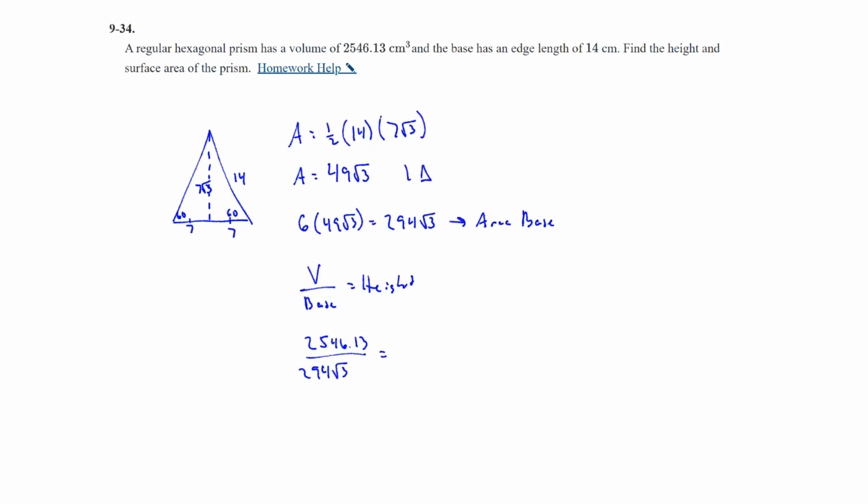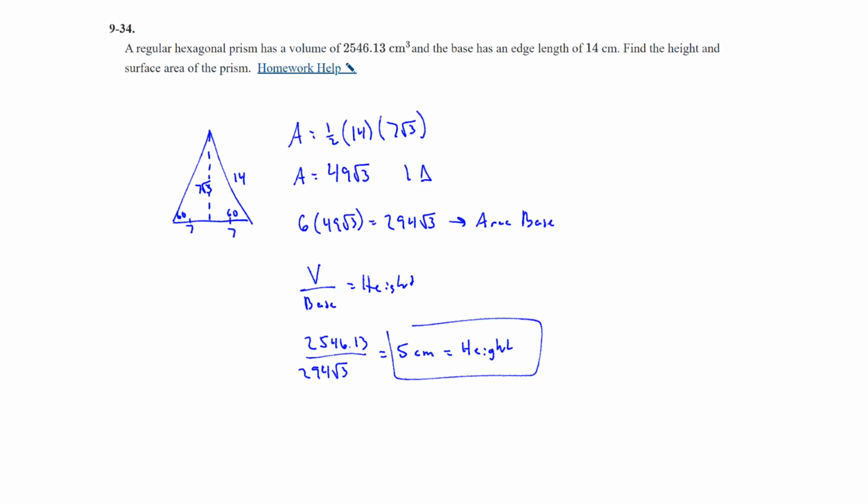And let's see what it gives us for the height. That will be 5 centimeters. So this is equal to the height of the prism. We know the height is 5 centimeters, and the surface area of the prism we need to calculate.